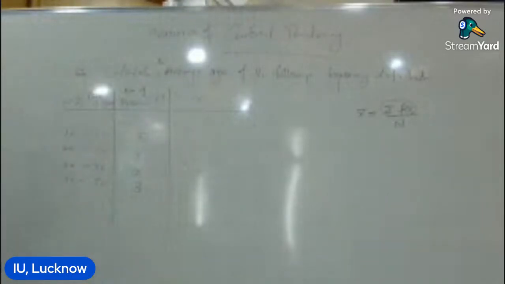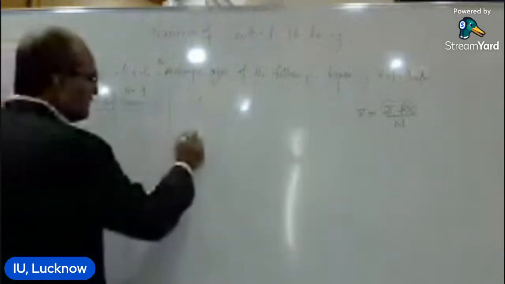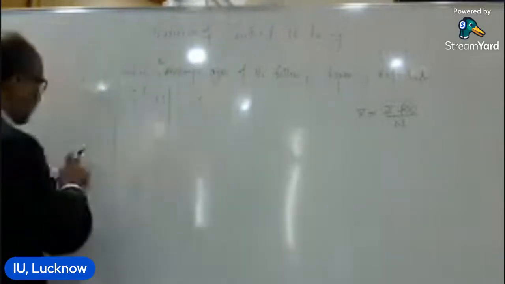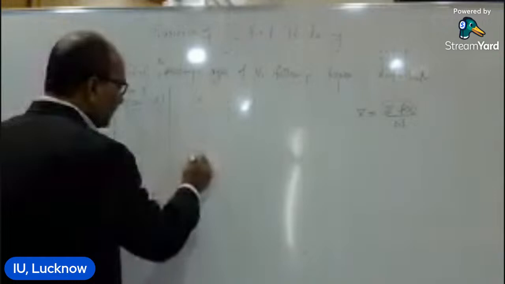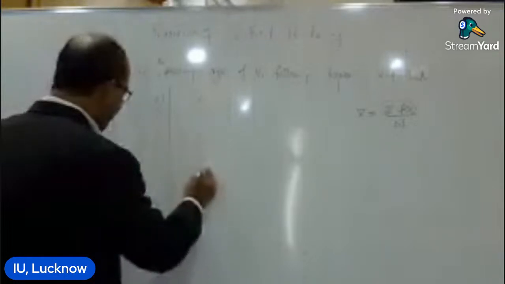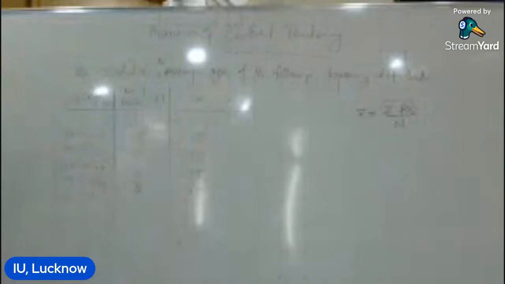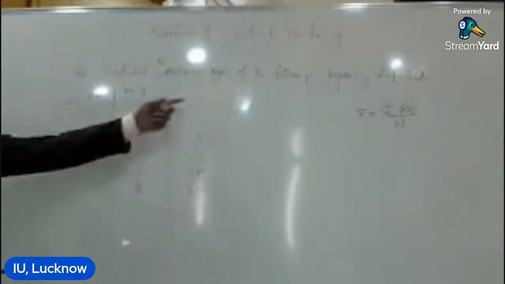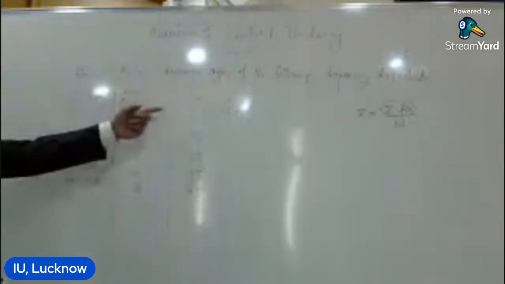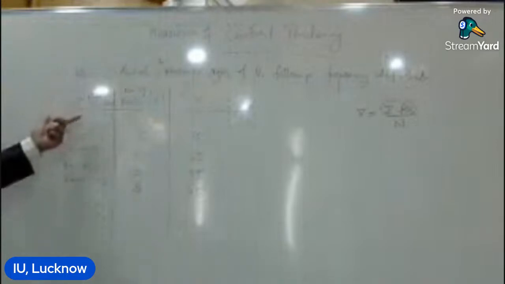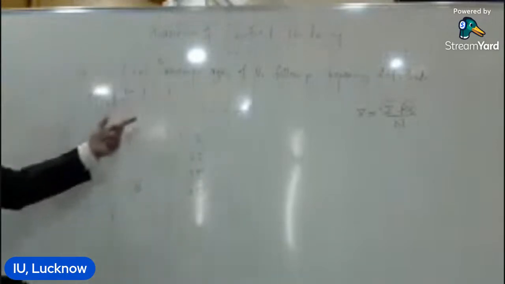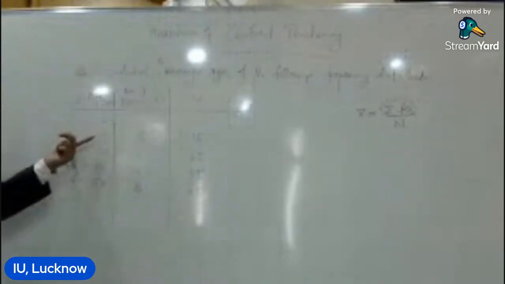So for 10 to 20, the mid value is 15. For 20 to 30, the mid value is 25, then 35 and 45. This is x, the age. Our age is given in class intervals, so the value of x will be nothing but the mid value of the class interval.